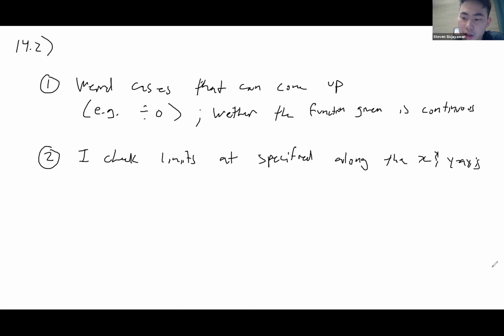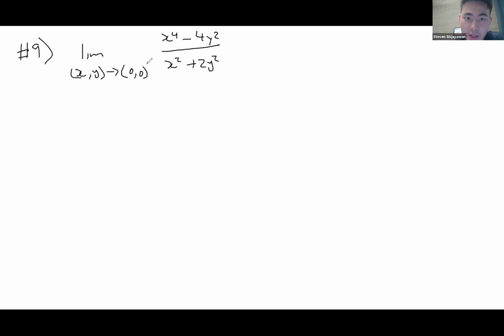What I mean by that is, when you're looking at the x-axis, that's when y is equal to 0, right? So if this was f of x, comma y, I basically try to find f of x.